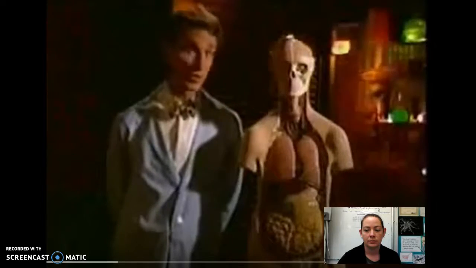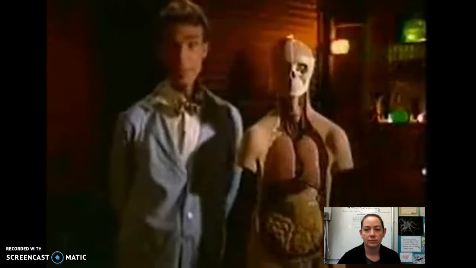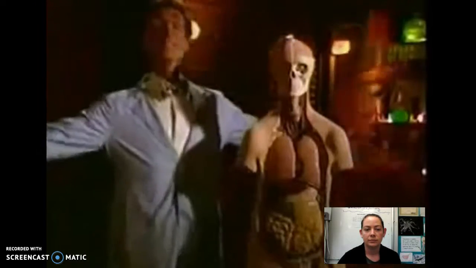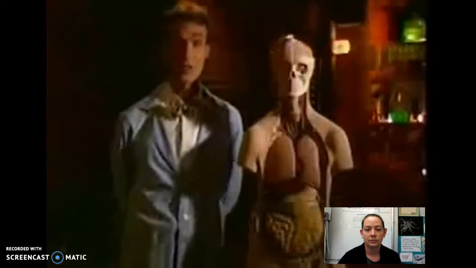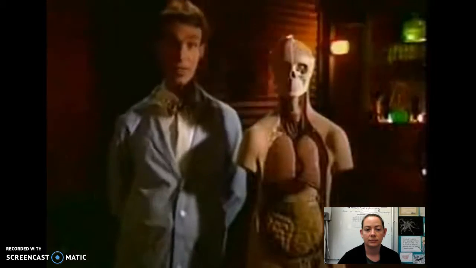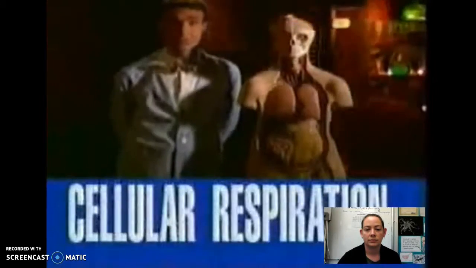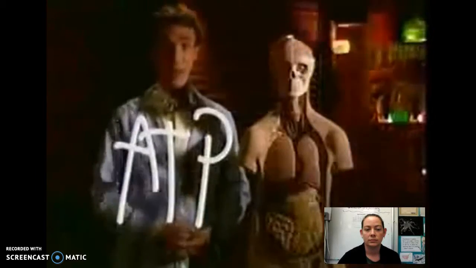We get the oxygen that we need from the air we breathe. That's respiration. But there's another type of respiration that happens in our cells called cellular respiration. Our cells combine chemicals in the food we eat with oxygen to store energy in another simple chemical called ATP. Adenosine triphosphate.